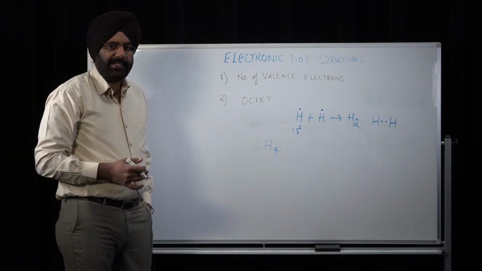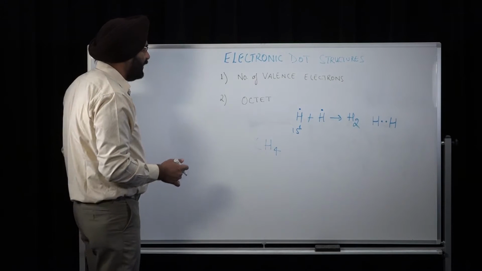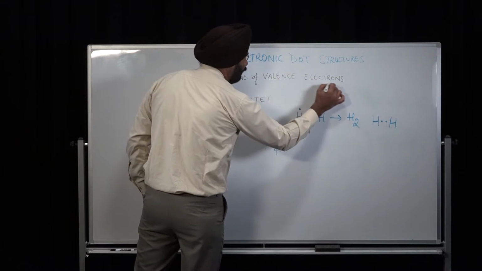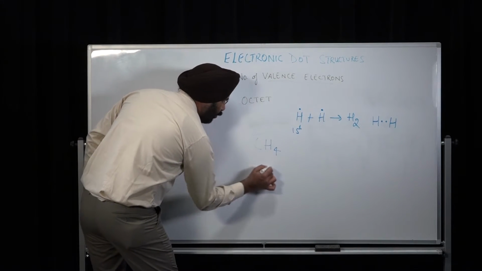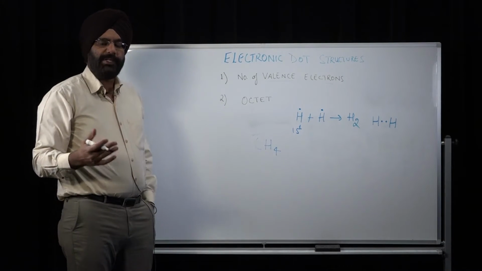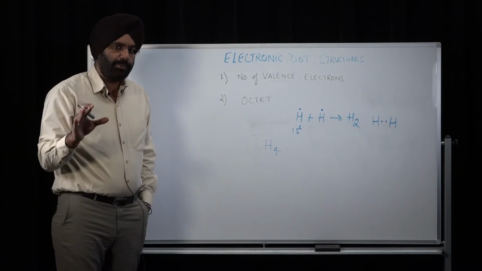The way we write its electronic dot structure is to determine the number of valence electrons in the whole molecule. How many valence electrons are there for the whole molecule?